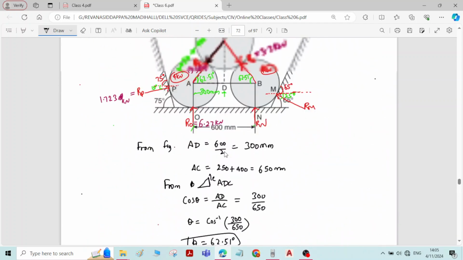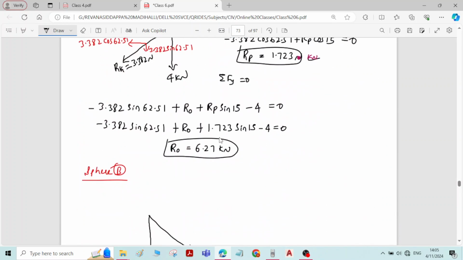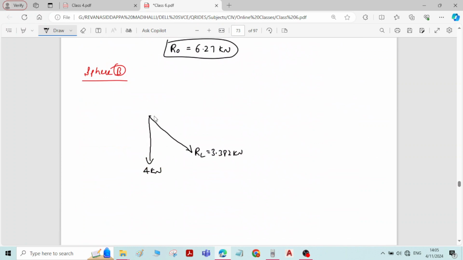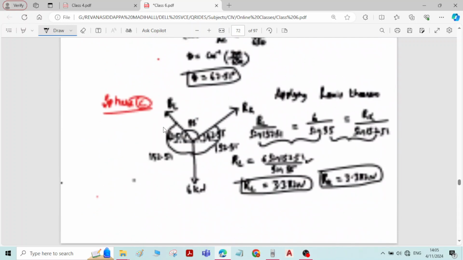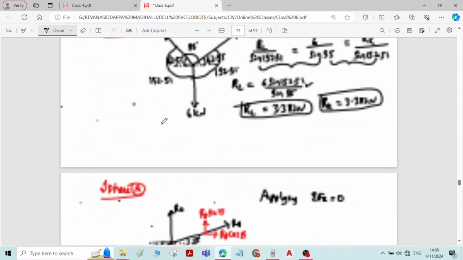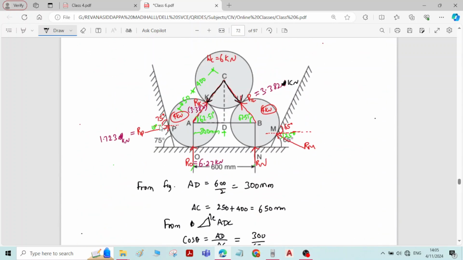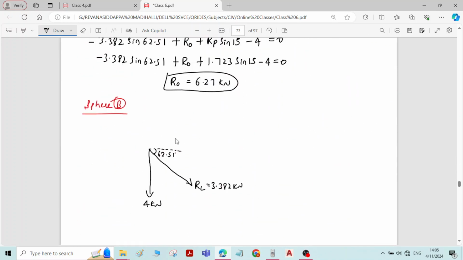Then for sphere B, there is reaction at N in upward direction, RN. The horizontal inclination of RL we got as 62.51 degrees. Then for sphere B there is reaction at contact surface M, RM, at an angle of 25 degrees and along left top direction.